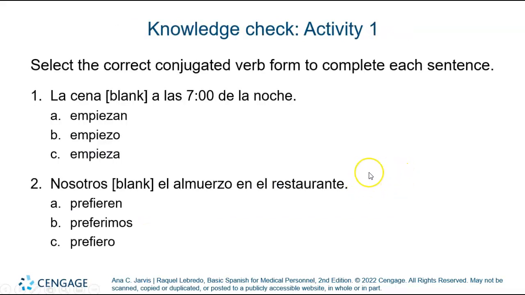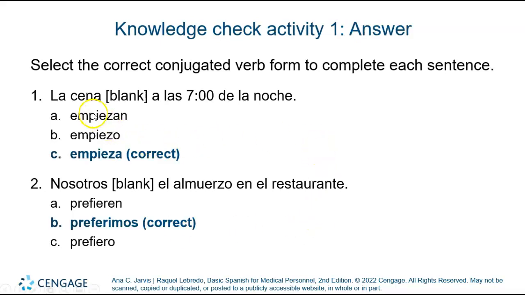Let's do a little practice. Just take as much time as you need. Which verb would correctly complete the sentence? For number 1, we're using the verb empezar, and for number 2, the verb preferir. If you need more time, pause, because I'm going to show you the answers. So let's read the sentence.